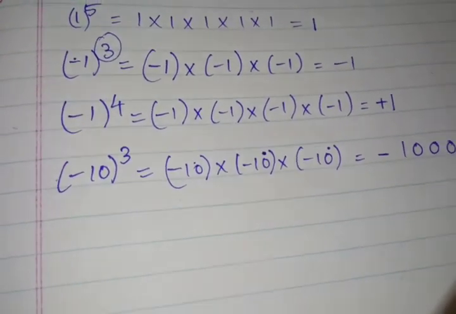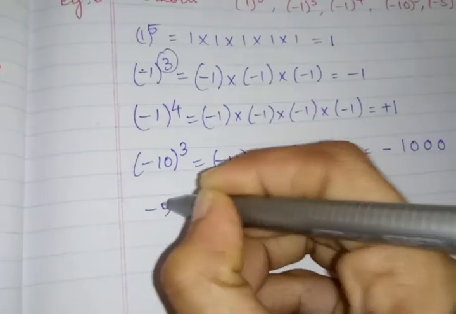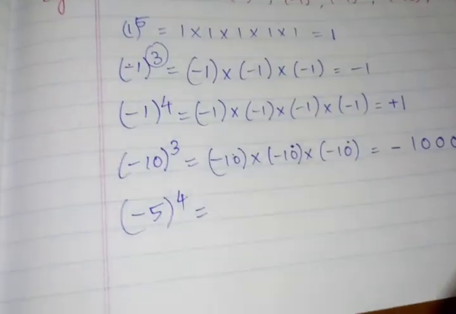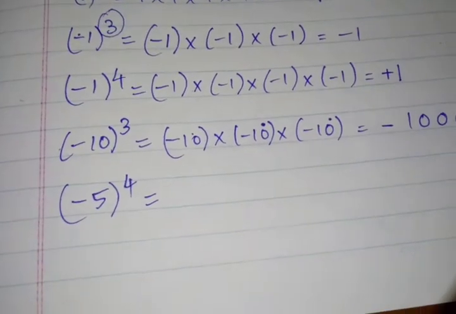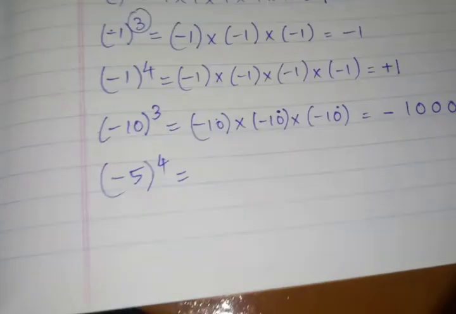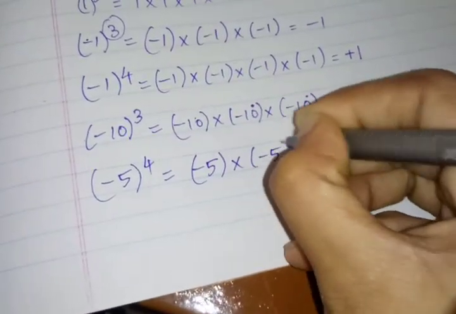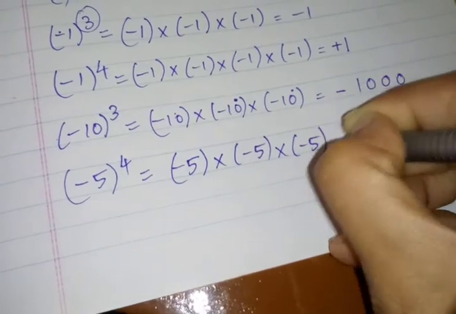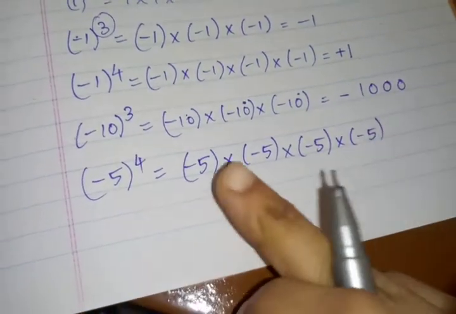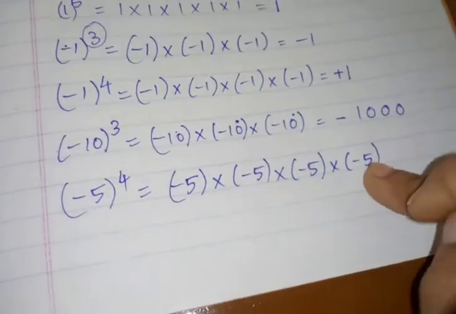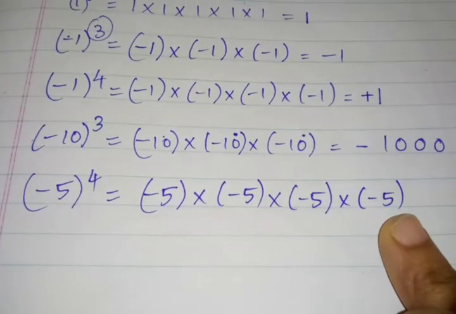Okay. Next, minus 5 the whole power 4. What is the meaning? What will you say, children? Minus 5 is multiplied 4 times. Yes, 1, 2, 3, 4. 4 times I am multiplying minus 5.